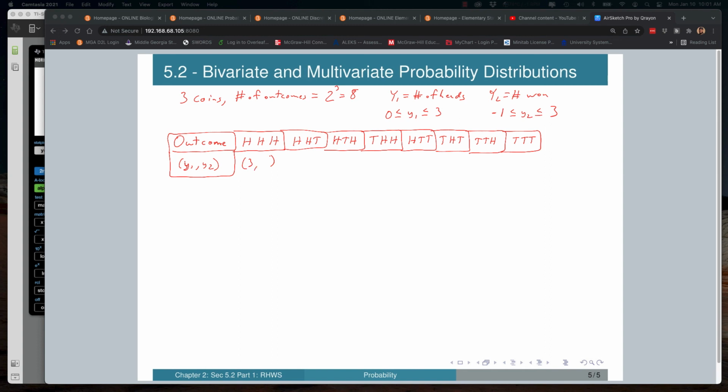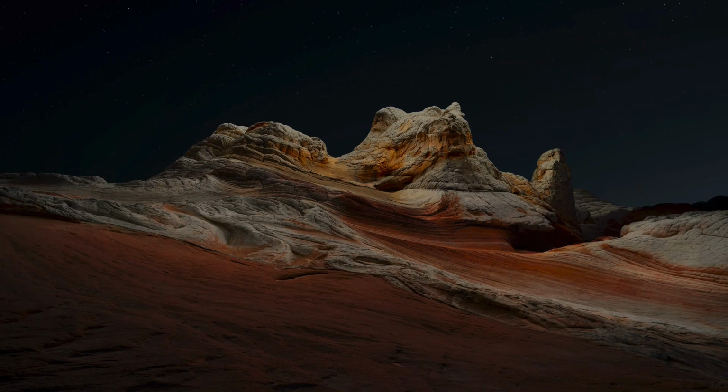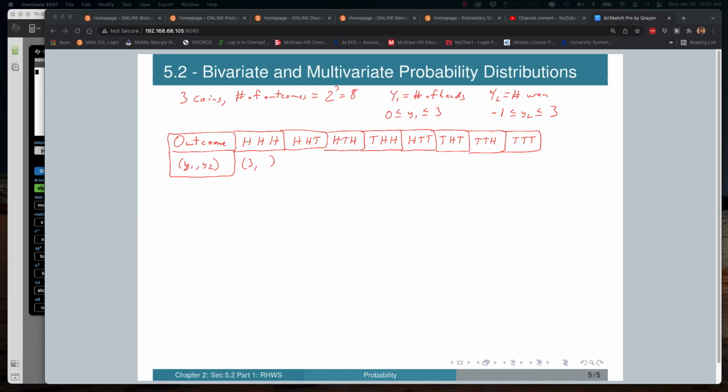And then y2 is how much money you've won. If you remember, the rules stated that if we tossed a head on the first toss, we won $1. So in this case, our y2 value would be 1 to represent the $1 we earned. That's going to be the case anywhere there's an H as the first entry.